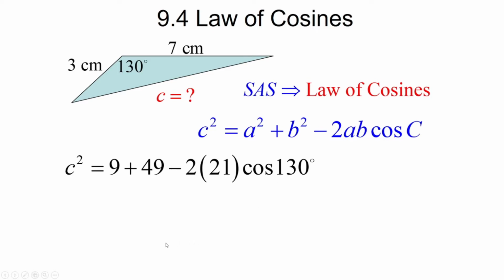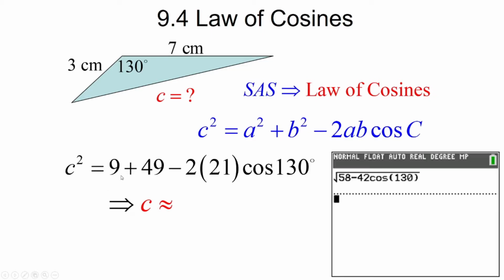All right, just like last time, we're going to take the square root of both sides. So C is, now one like this, I'm probably going to simplify, all right? I'm going to go the square root of, and then notice what I did. Hey, I can handle this. 9 plus 49, there's a 58, minus 2 times 21, 42, cosine of 130, all right?